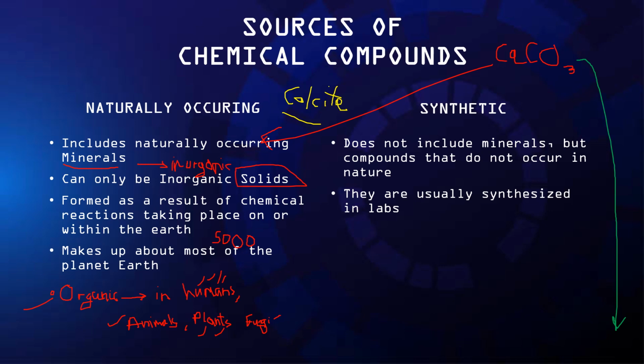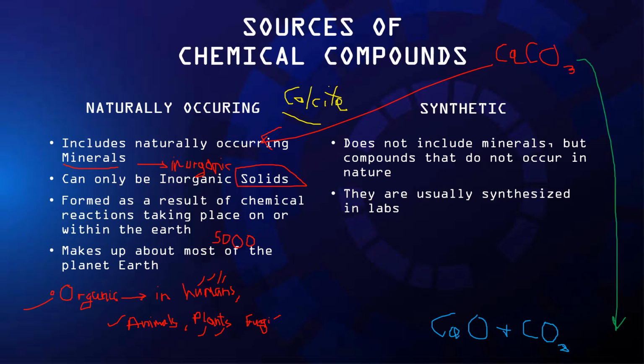We all know this reaction. It's CaO, calcium oxide, plus CO2. When we pass CO2 gas in hydrated lime, it becomes CaCO3 as a precipitate.